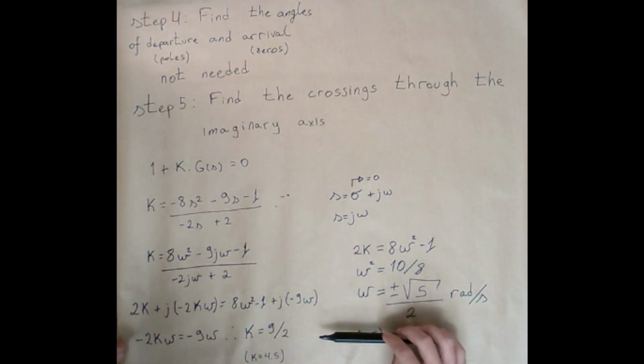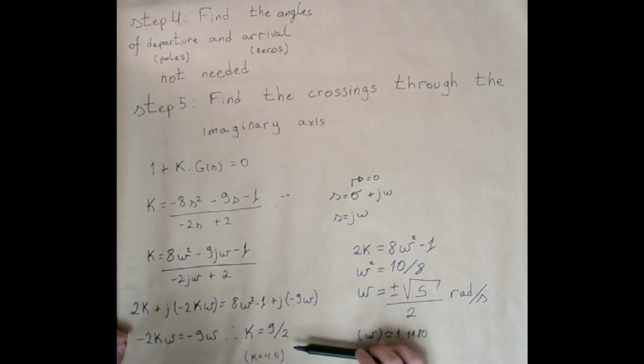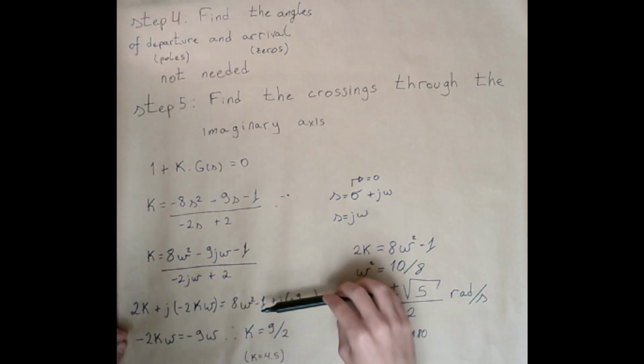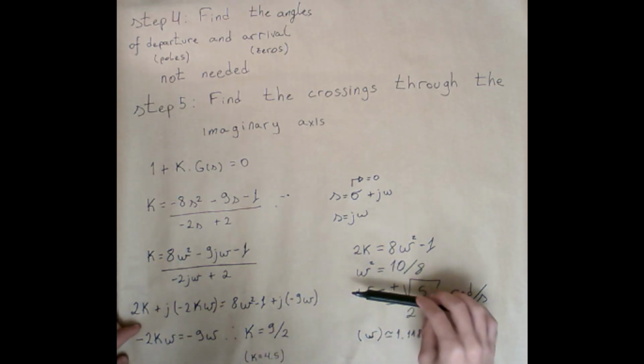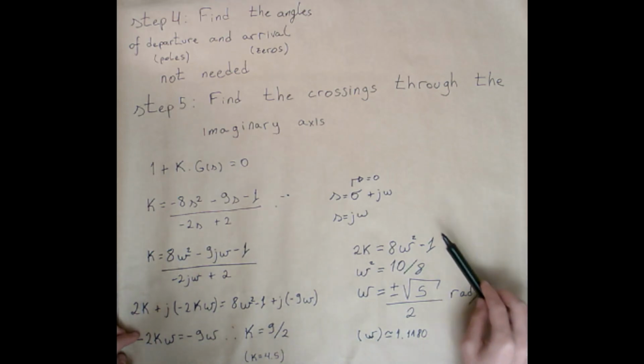From that we can get to the value of k of 9/2, which is 4.5 decimal, which is the value of the gain at the critical point, when the transfer function would oscillate to infinity. Also, the value of the frequency at that point is square root of 5 over 2 radians per second, which is just above 1.1 radian per second.